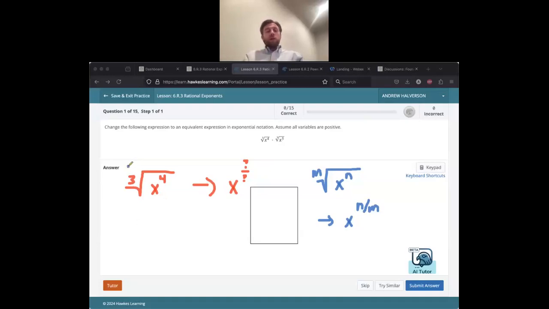So when we do something like the cube root of x to the 4th, you take your x to the 4th and make it a fraction where the denominator is that root. So this becomes x to the 4/3 power. The root of the radical becomes the denominator of the fractional exponent.